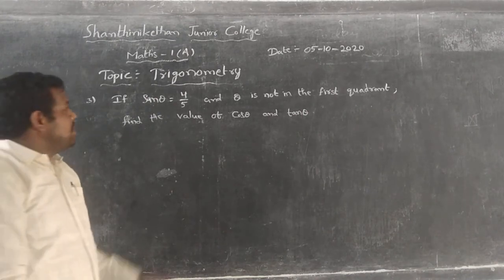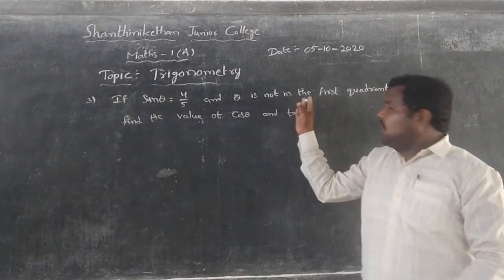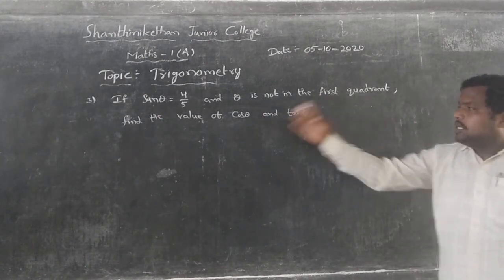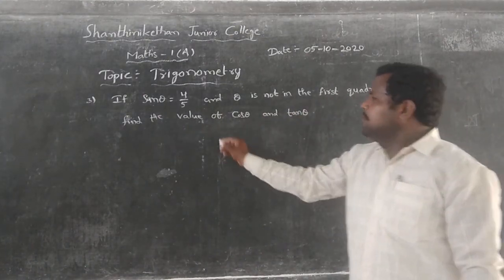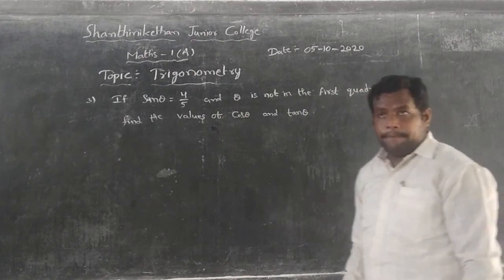What is the question? If sin theta is equal to 4 by 5 and theta is not in the first quadrant, then find the values of cos theta and tan theta.